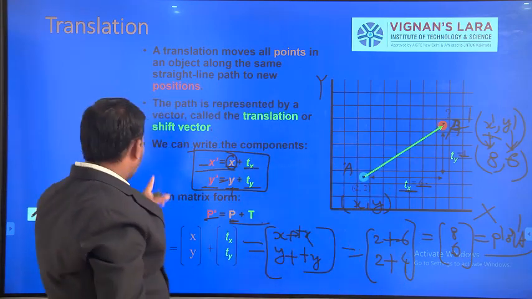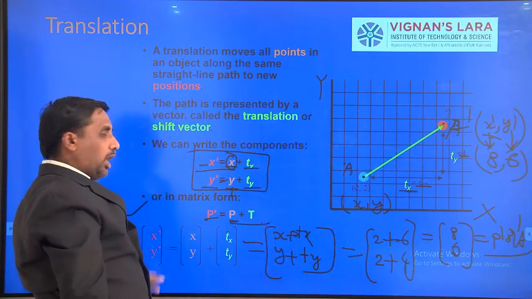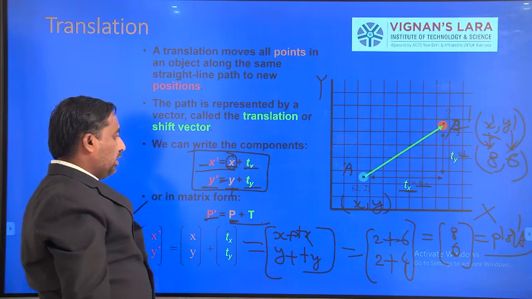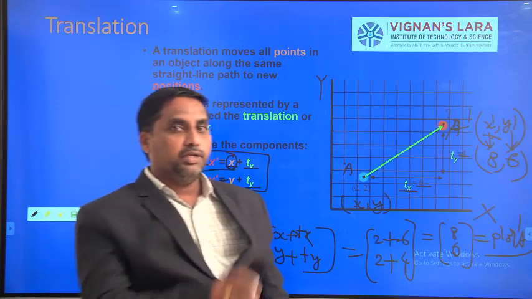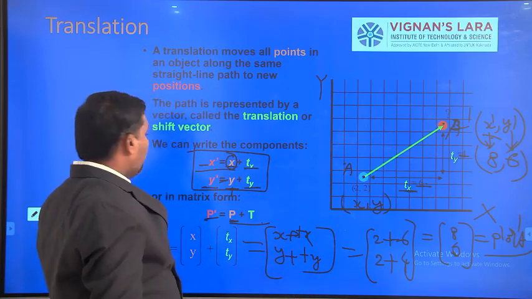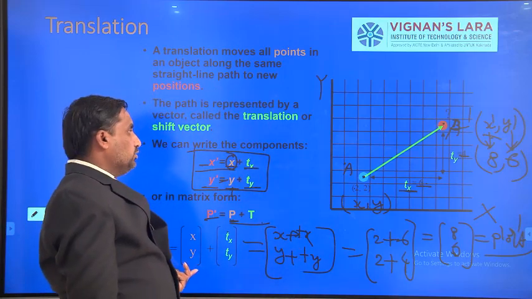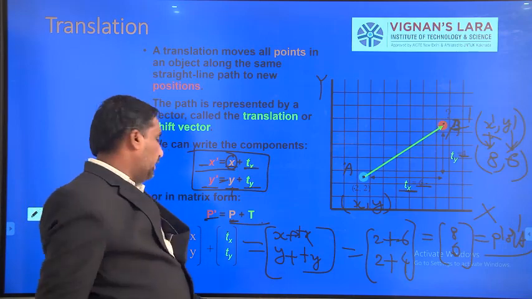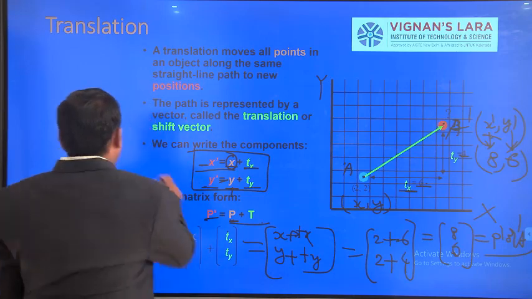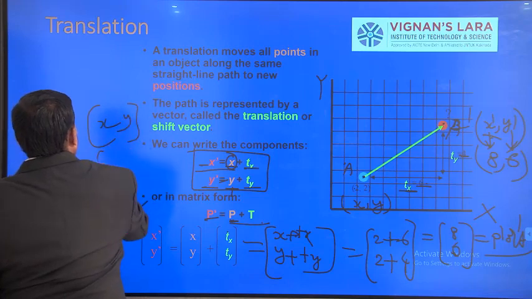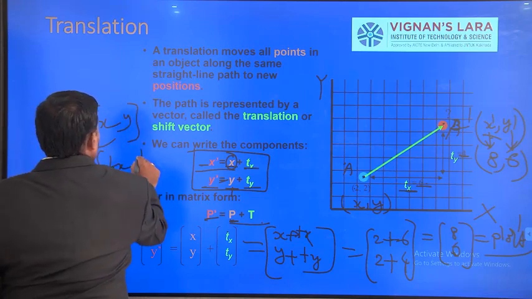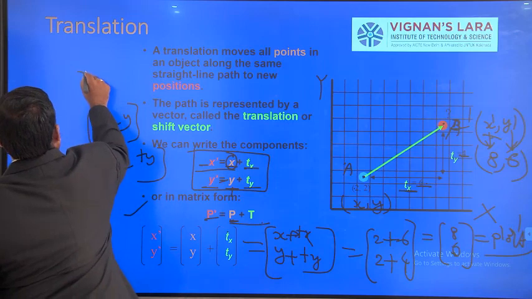But here we have represented these in a vertical column matrix. You have to represent the coordinates in a vertical column way, or you can take a horizontal way, but either one way you have to follow. Like this horizontal matrix way: x, y, tx, ty, and x dash, y dash.